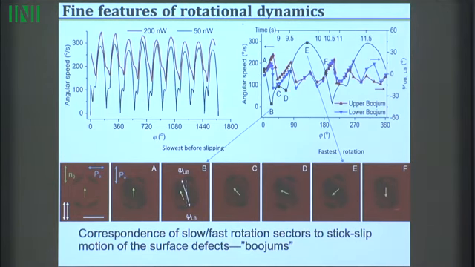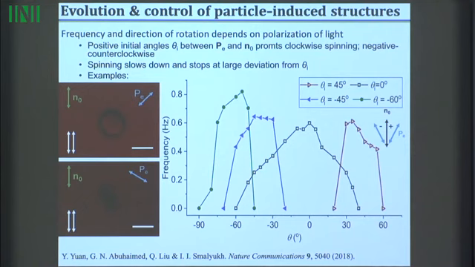Now, as you would take a lot of these images, you would realize that the spinning speed is the slowest when you have your boojums pinned to the vertex and rotated to some maximum angle before it slips. After it slips, the speed becomes the fastest, and so on, right? So this rich behavior we can correlate with the sticking and slipping of the boojums on the vertices of these types of particles.